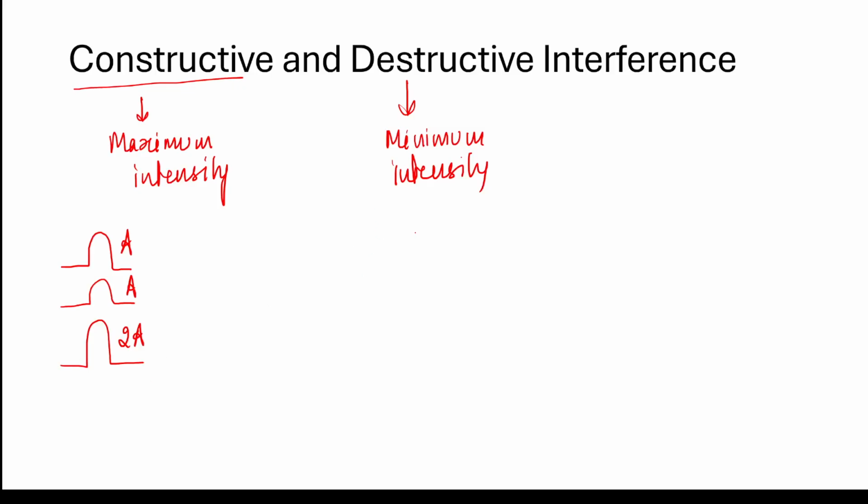Whereas if destructive interference is happening, then if this was one wave, another would be like this. So this is A, and then the resultant amplitude would be 0. So this is destructive. When you have maximum amplitude, you would have maximum intensity. Minimum amplitude, minimum intensity.